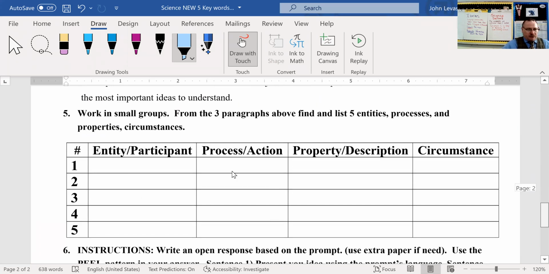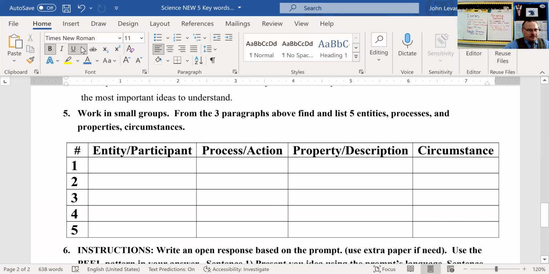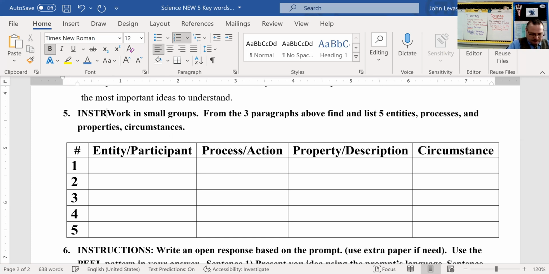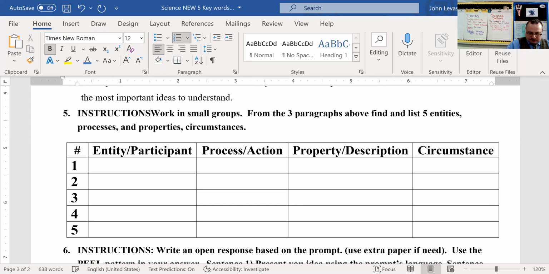And that will bring you to this table here. Working in small groups, section 5. And I'm going to type in instructions. Instructions, work in small groups. From the 3 paragraphs above, find and list 5 entities, processes, properties, and circumstances.